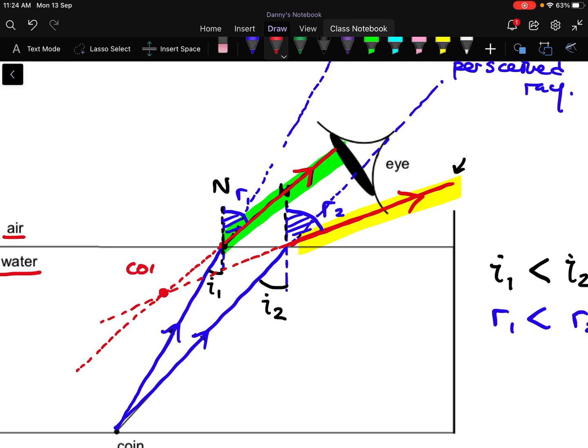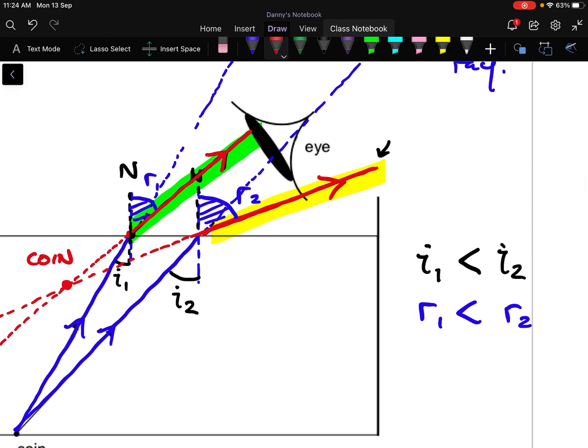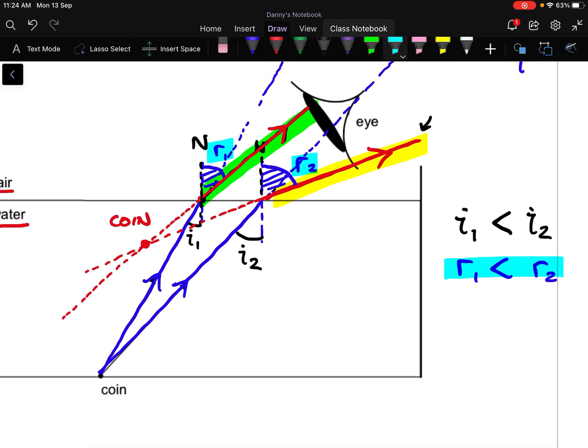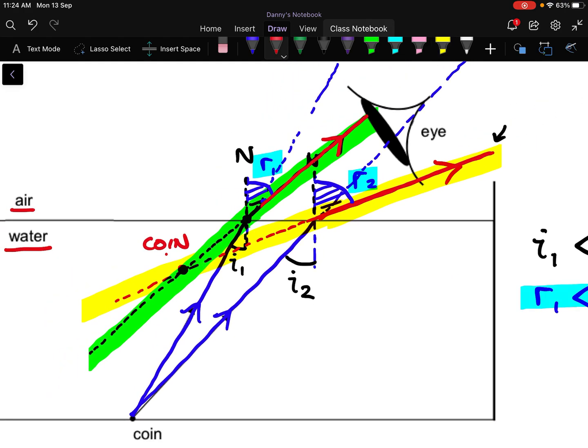It means that the coin will appear here. Like I said, all these are estimates. So as long as you show me that your R1 is less than R2, and that after drawing the refracted ray you are aware that you need to extend it, and you extend the yellow one also until you find this intersection, this is the apparent position for your coin.